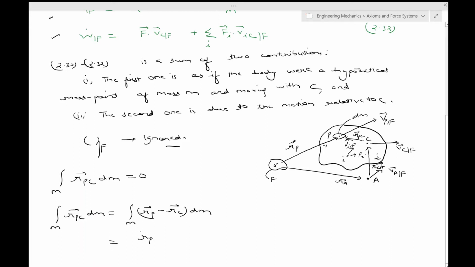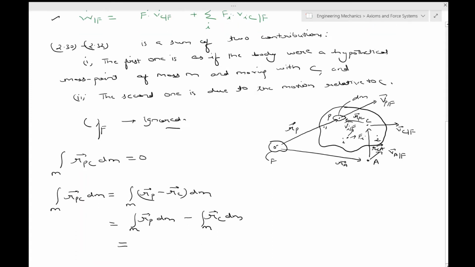Now this would be the integral of R_P dm minus R_C dm over the whole mass. Now this minus this will be 0, because essentially both of them are doing the same thing. So this R_C you can take out. So this would make this R_P m minus R_C m. This is equal to 0.